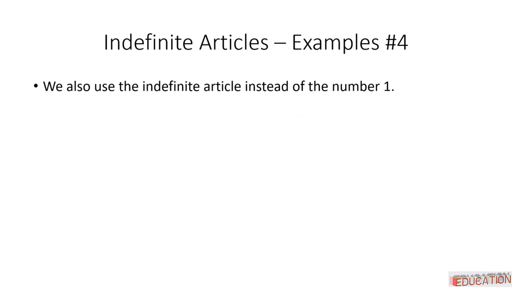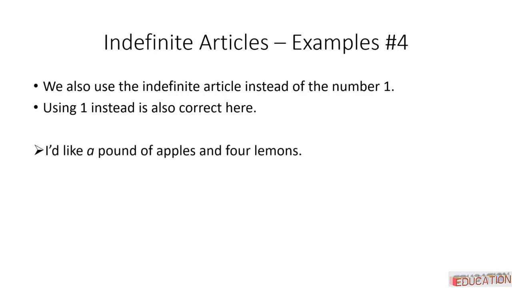And we also use the indefinite article instead of the number one. If we wanted to, we could use the number one as well. It would also be correct. So for instance, at the market, you might say, I'd like a pound of apples and 4 lemons.